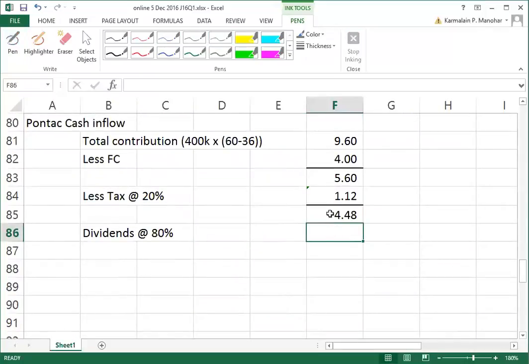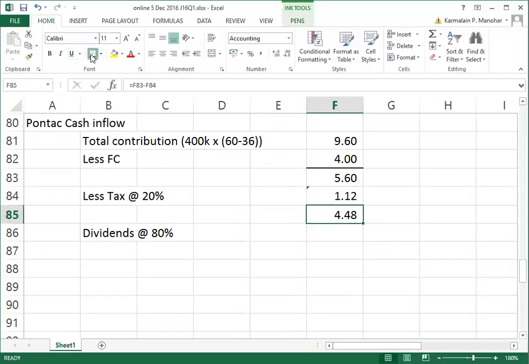I could probably do a line here because I don't need that anymore.